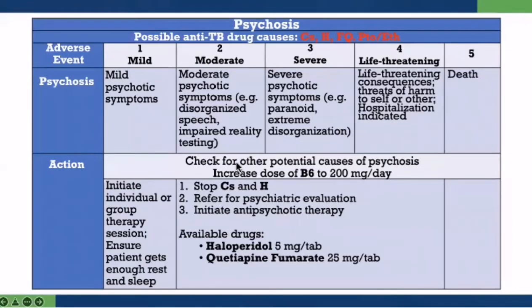So if you have moderate to life-threatening psychosis, immediately stop the offending agent or drug like your cycloserine and isoniazid. Then refer to a specialist for evaluation and may initiate antipsychotic therapy. The ancillary drugs available in our clinic are haloperidol and quetiapine fumarate.